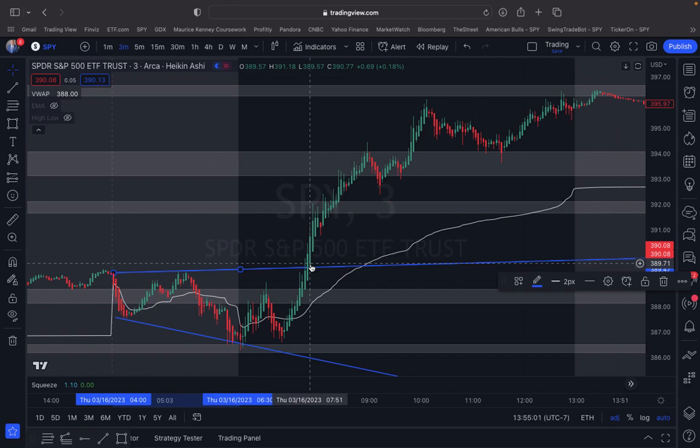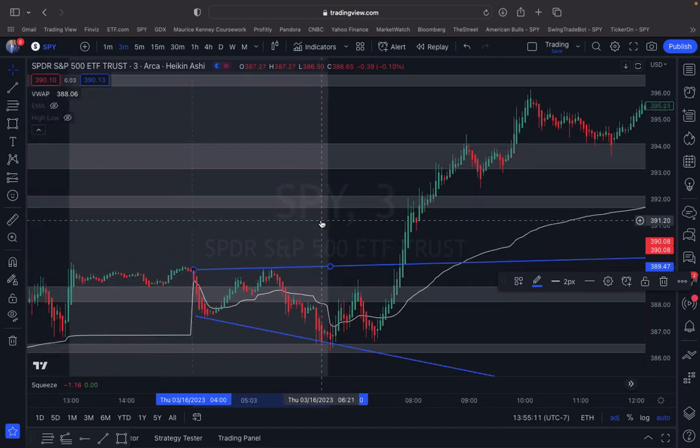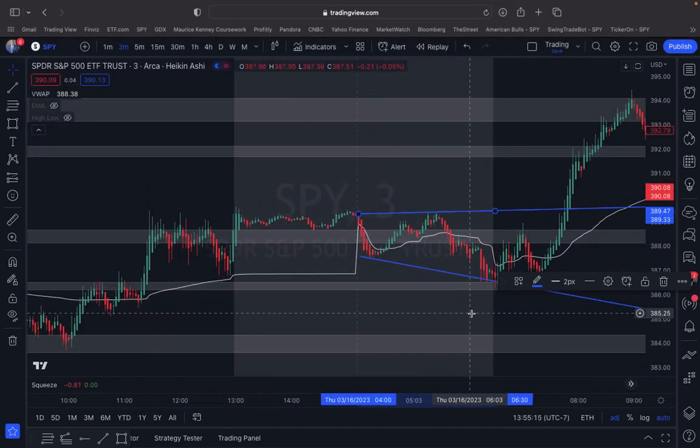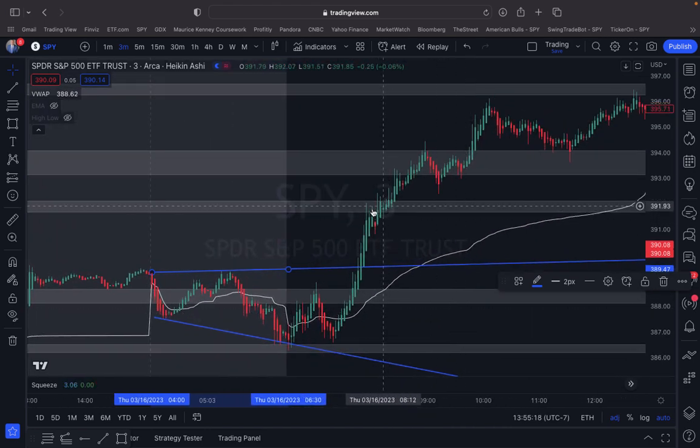Once it leaves and breaks out of that area, this next level, this supply zone, acts like a magnet. So you can take profits into that, knowing with great probability that it's probably going to close up in that area or go to that area.